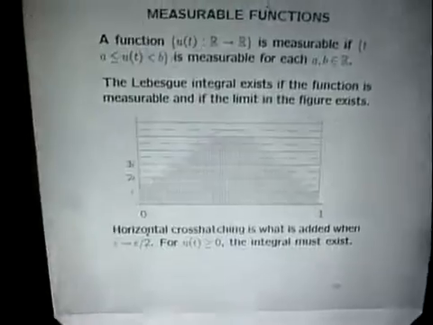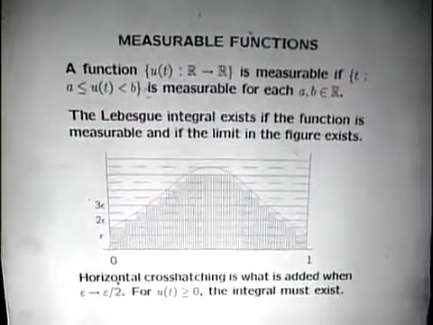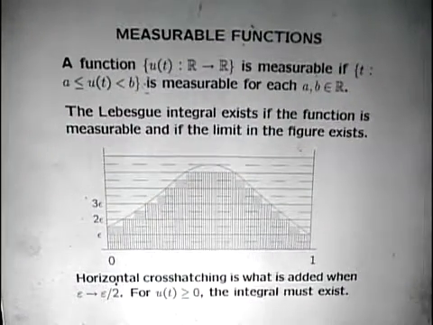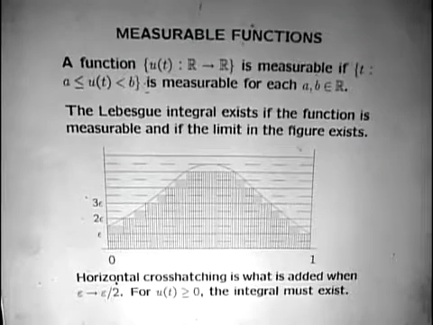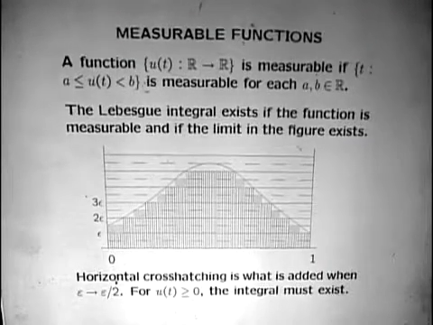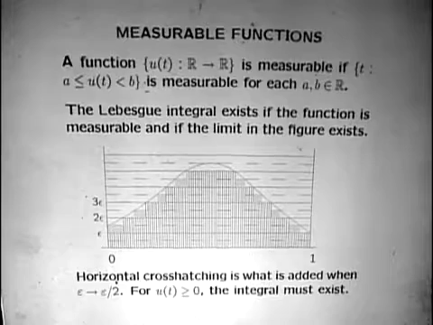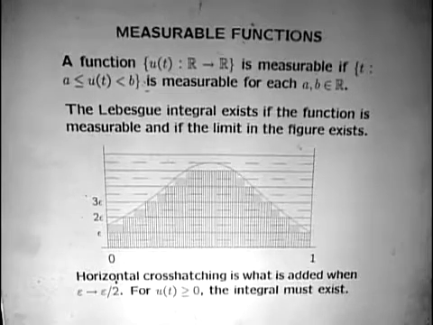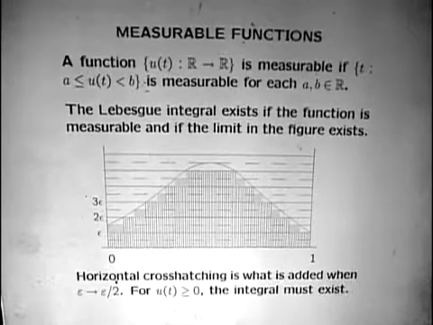Okay, so back to measurable functions. And I'm going to get off of mathematics relatively soon, but we need at least this much to figure out what's going on here. We say that a function is measurable. Before, we were only talking about sets of numbers being measurable.